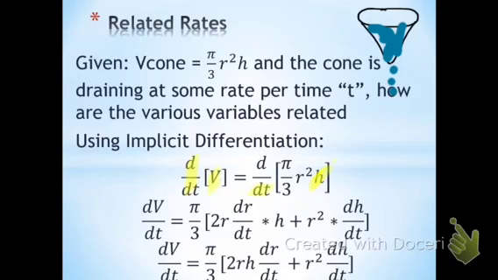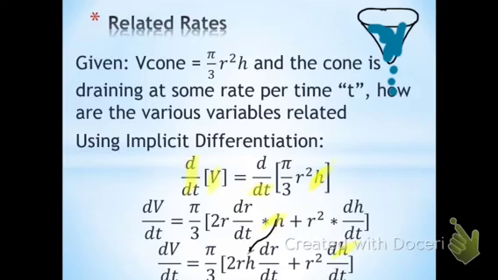So if we begin to simplify right here, this h is really just going to wind up being like a coefficient, so it can come into the front right there. And so we'll have 2rh, 2 times radius times height, times the derivative of the radius with respect to time, plus r squared times the derivative of the height with respect to time.